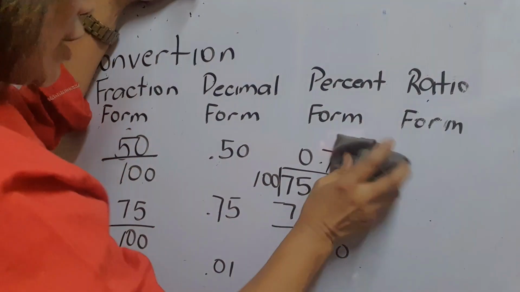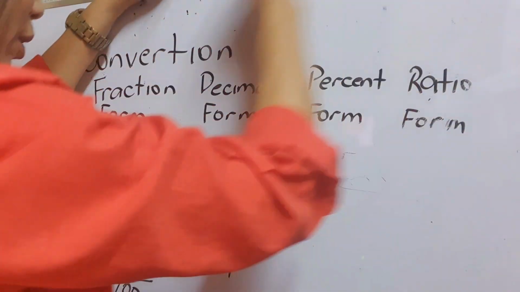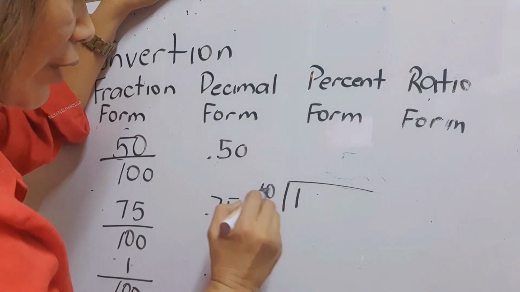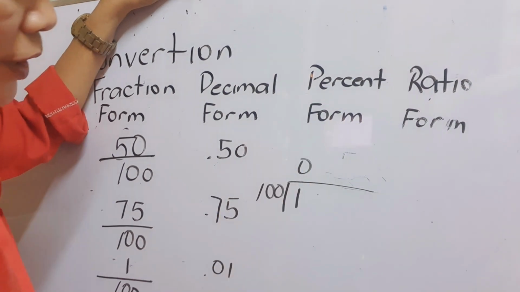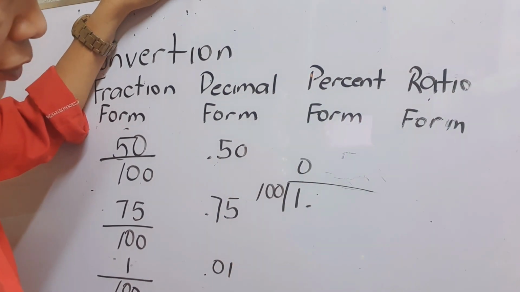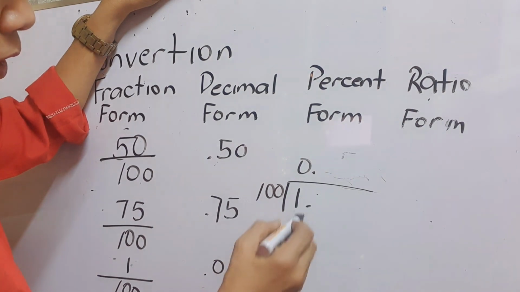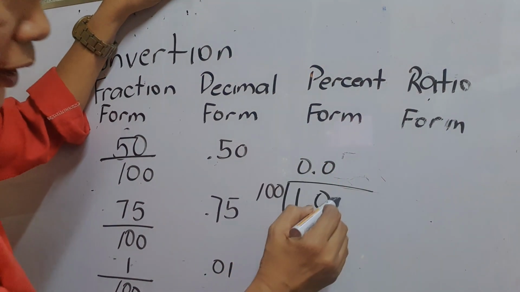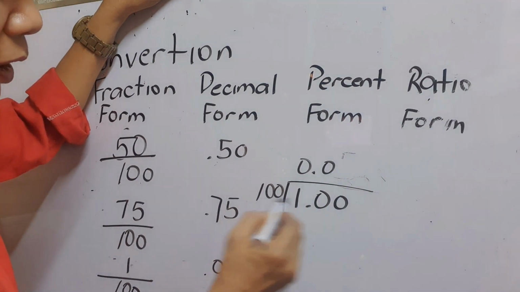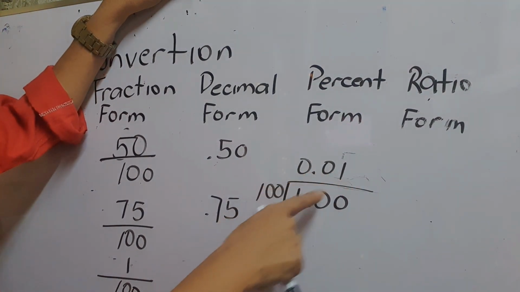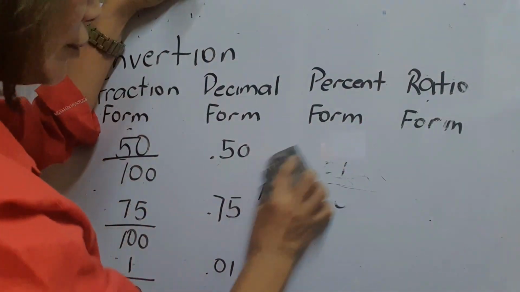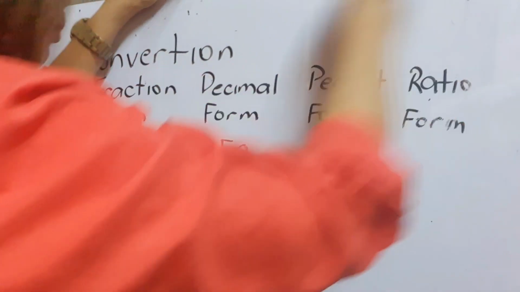Okay? Now, tingnan natin naman itong isa. This is now 1 over 100. 1 divide by 100. Ilan? Wala. Okay. Lagay tayo ng 0. So, sa 10, ilan ang 100? Wala. Lagyan natin ng 0 pa. So, 100, ilan ang 100? 1. Kaya, yun. 0.01. Maliwanag. Okay? Now, tingnan natin ngayon sa ating percent form.